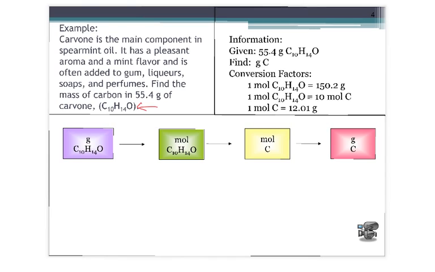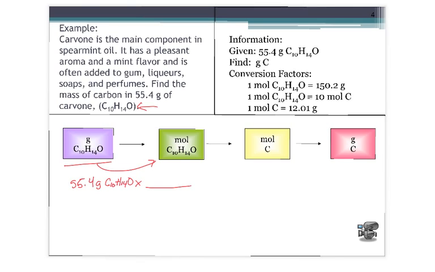And we want to start out with grams, and we want to go from grams of Carvone to moles of Carvone, because remember, you have to convert to moles in order to use the chemical formula as a conversion factor, right? So we have 55.4 grams of C10H14O, which is Carvone.